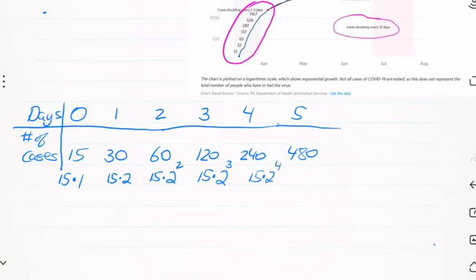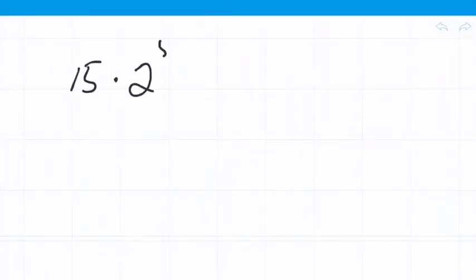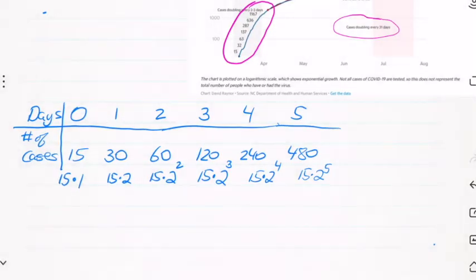And then 480 is 15 times 2 to the 5th. So it's kind of a cool process.